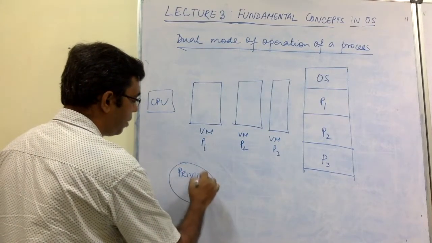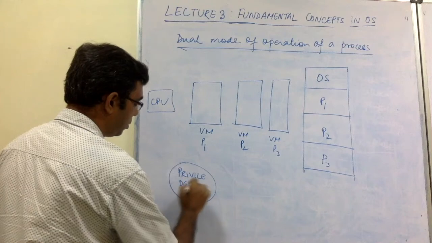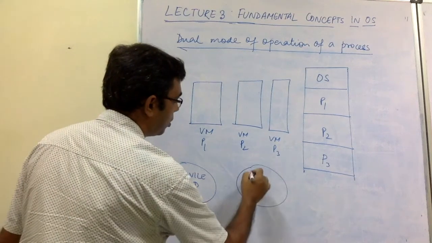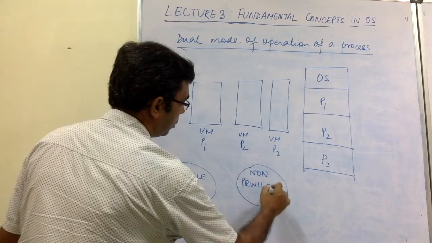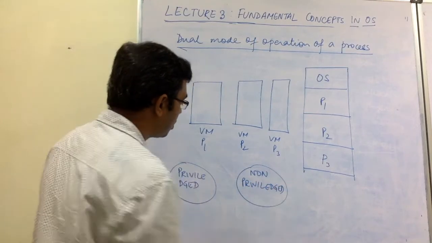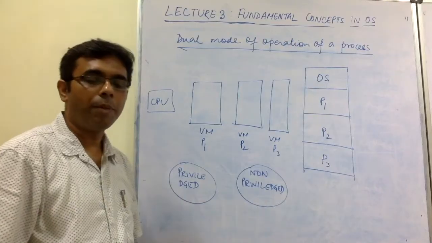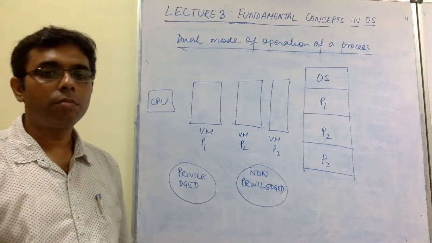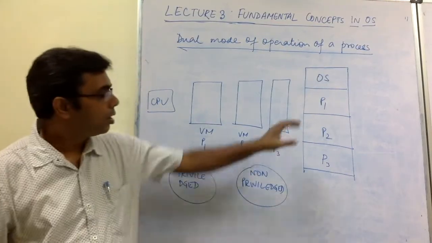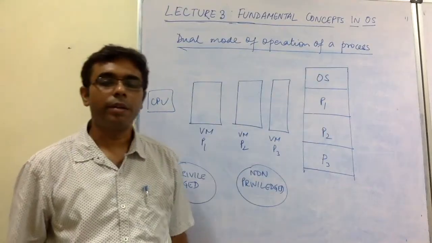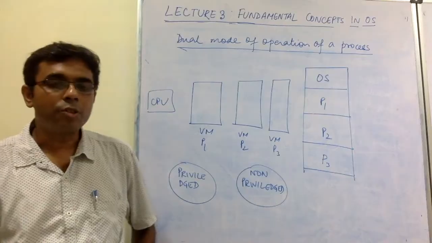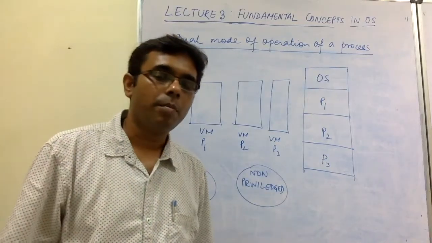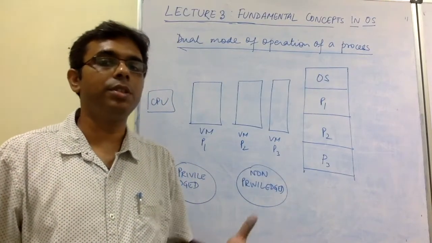Either it is privileged or it is non-privileged. So during the non-privileged mode, the process runs its own code. Okay. And in the privileged mode, it's actually not the process but the OS that runs these instructions.